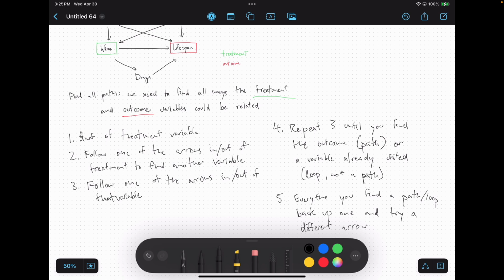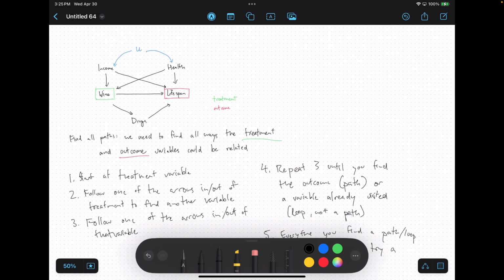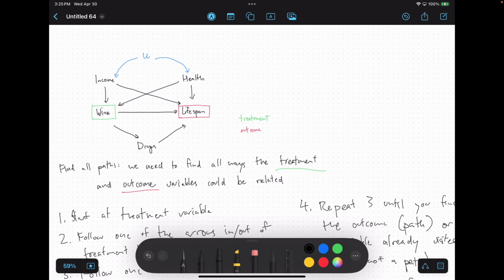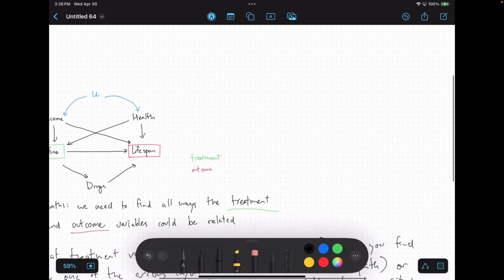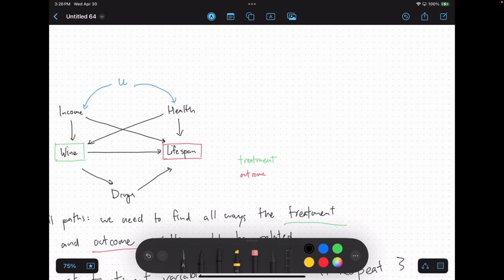Okay? And that's just like a little pseudo algorithm for being able to identify all of the paths to go from treatment to outcome. All right. So let's do that.